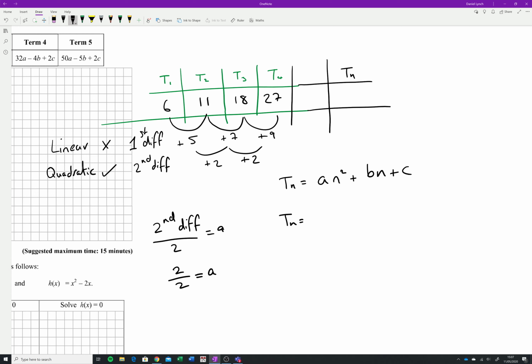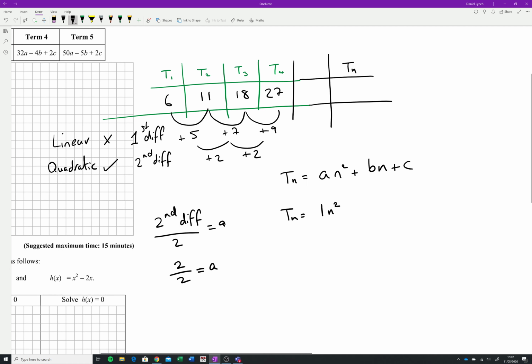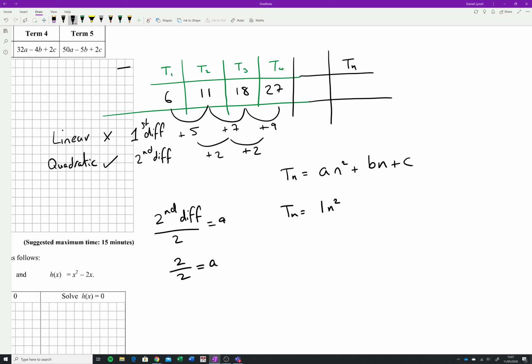So we have tn is equal to 1n squared. Okay, that's fine. What now? Well, the t0, if you were to replace n with 0, you would end up getting 0 plus 0, t of 0 equals 0 plus 0 plus c.